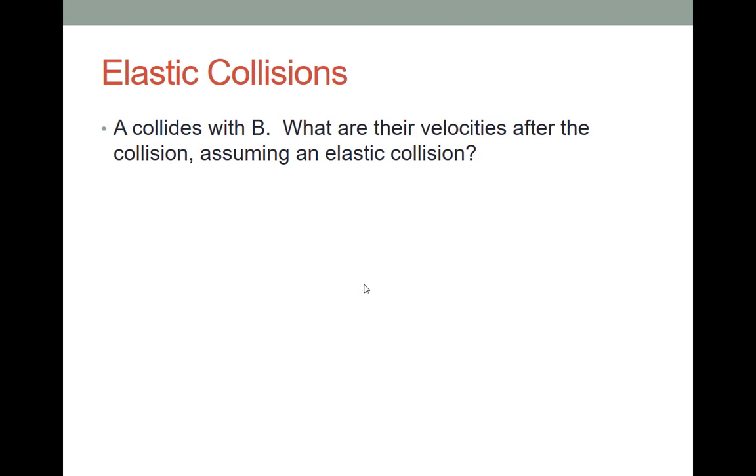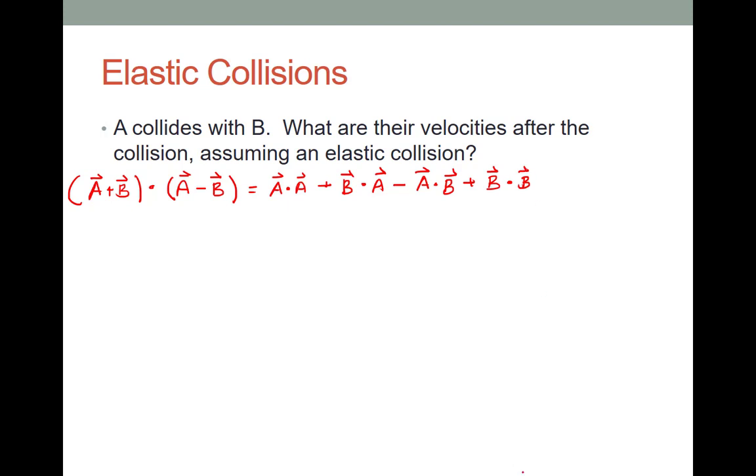To start this derivation, I'm just going to show you something because we will need it later. So if I take the dot product of a plus b with a minus b, that ends up with a dot a, or a squared, plus b dot a, and then I end up with a minus a dot b, and then minus b dot b.